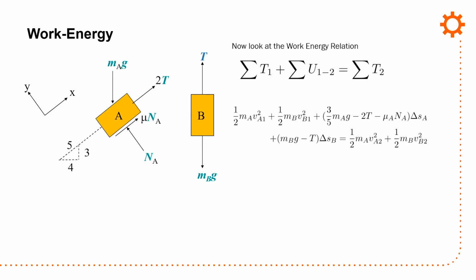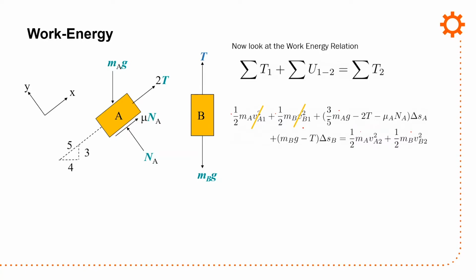And if I put in all the terms, I have all this here. First of all, the terms for kinetic energy, so that's T1. These two terms deal with the work from 1 to 2, and these two final terms are associated with the kinetic energy at position 2.